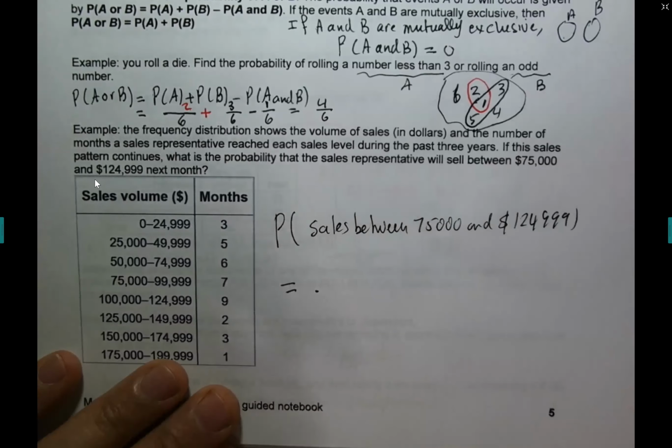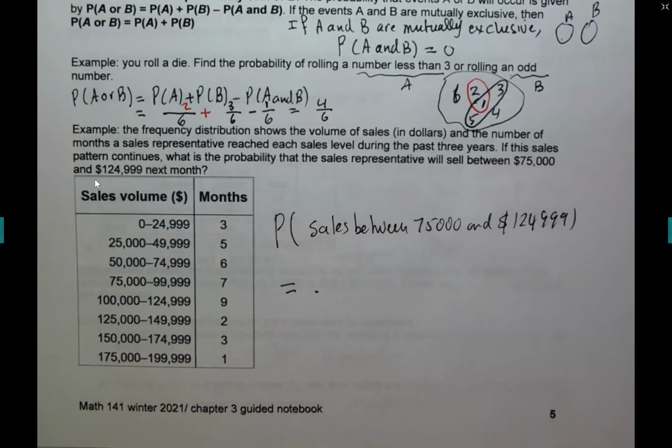Okay. Who knows how to do this? What is the probability? So these are 36 months, guys, together, 3 years. Does it say? Yeah, 3 years. So if you add the months, they're going to be 36 months. So we know the total of all frequencies is 36 months.